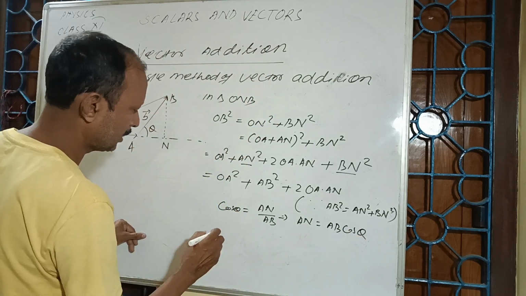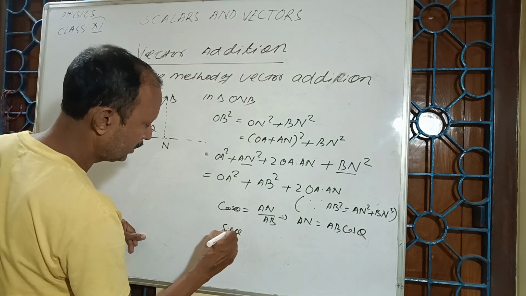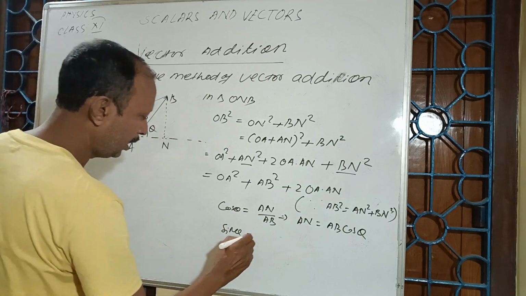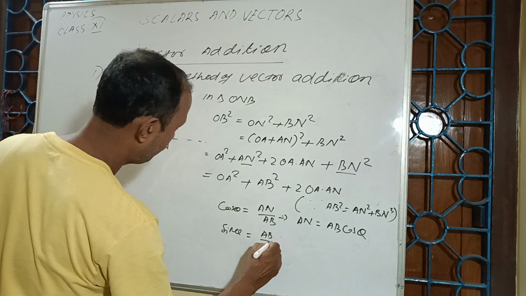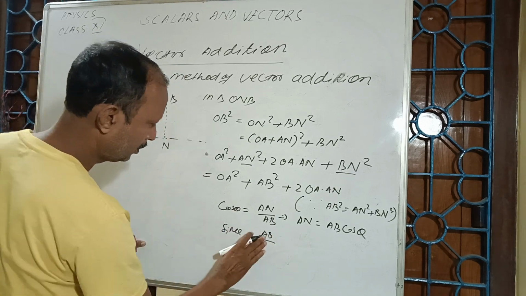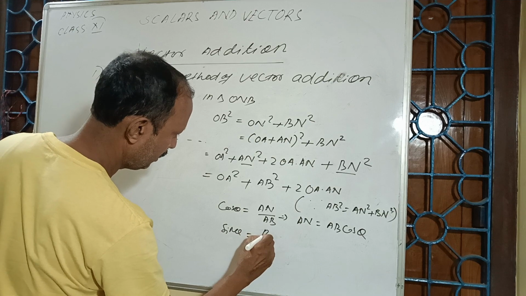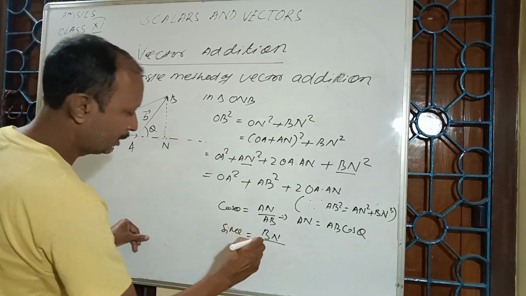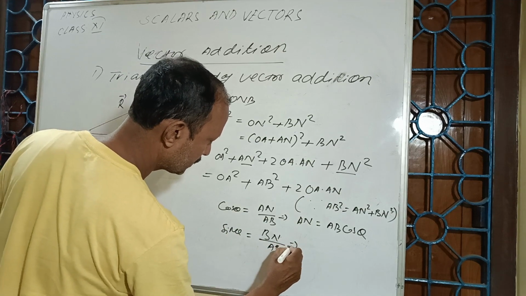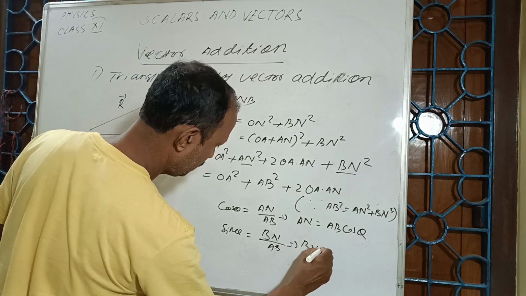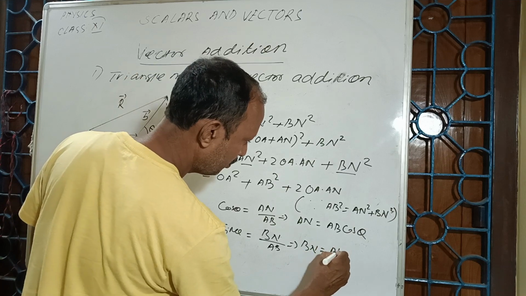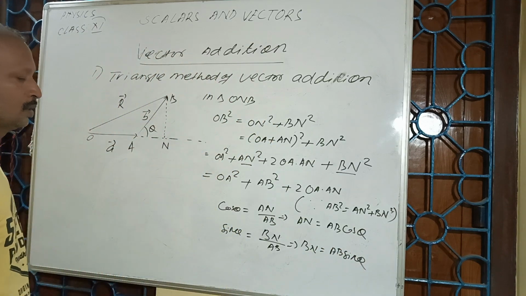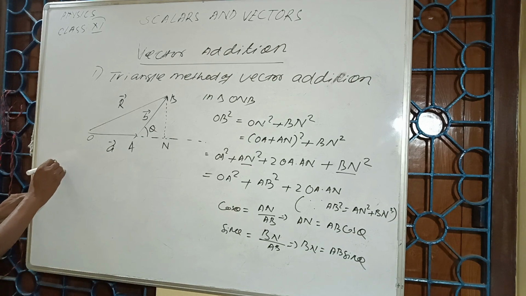Similarly, if I take the sin theta is equal to P by H, this is BN divided by AB, which implies that BN is equal to AB sin theta.